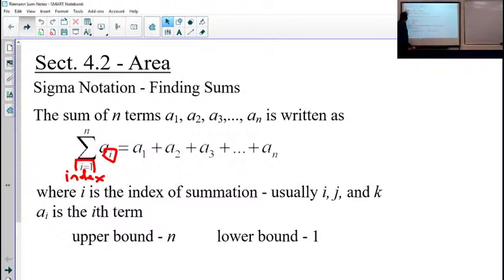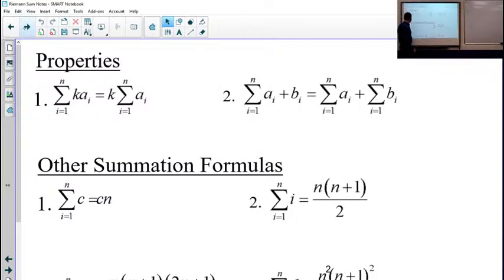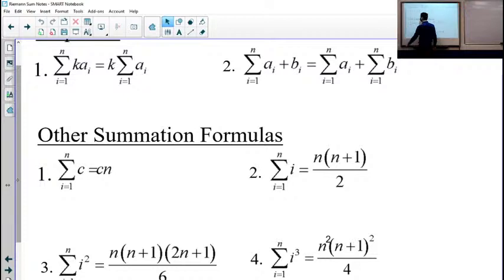And so let's look at a couple of examples here. Properties. Some of these properties are very, very fancy ways, not in the notes, just watch, of writing simple ideas that you already know.